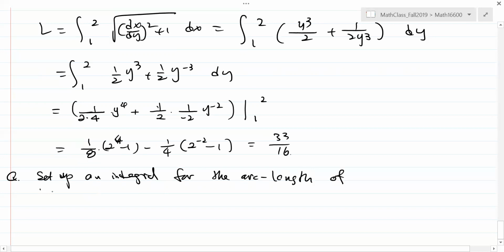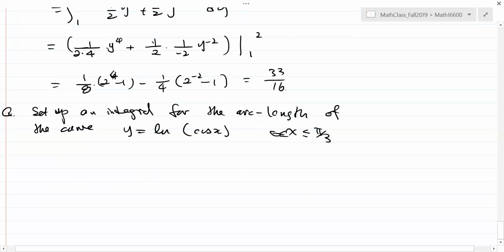Find the arc length of the curve y equals natural log of cosine x, with x between 0 and pi over 3. Cosine x is always positive for x between 0 and pi over 3. Okay. So this is a well-defined curve.